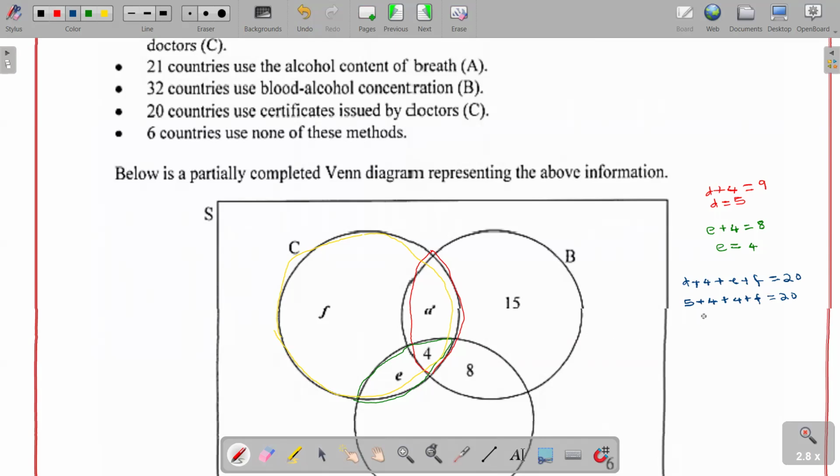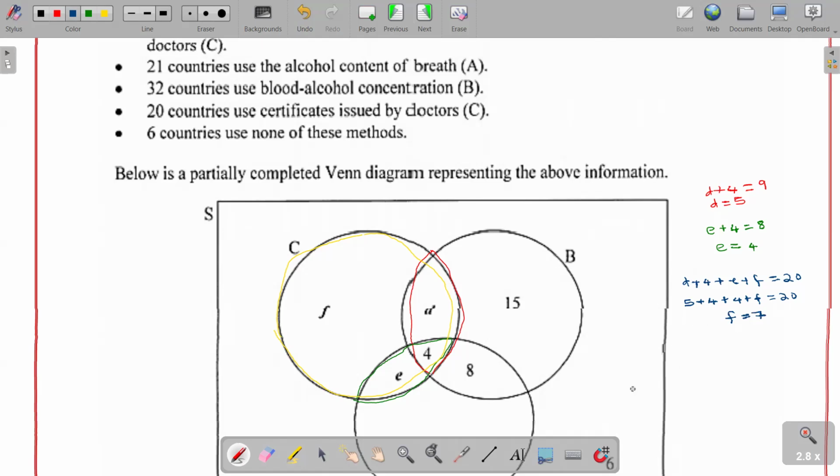So making F the subject of the formula, F is equal to 20 minus 5 minus 4 minus 4 when you take them to that side. So our F becomes equal to 7.